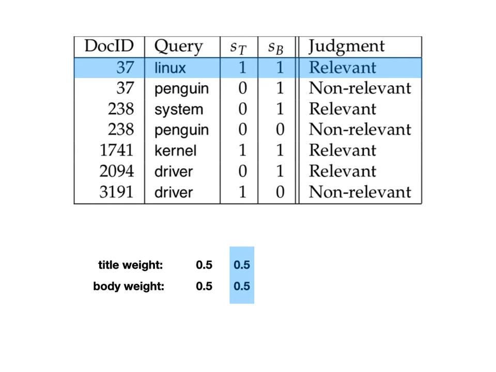Okay. Now, what about penguin? If I search penguin on document 37, this document that people have judged to be relevant to Linux, it doesn't match the title, but it does match in the body somewhere. But humans have judged it to be non-relevant. So what we'll do is we'll say, ooh, shoot, I pulled this document up, I being the algorithm, right?